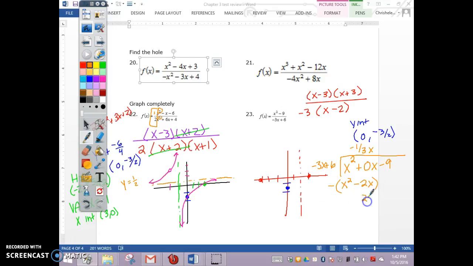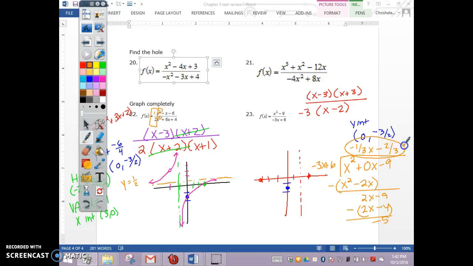Subtract. How many times does negative 3x go into negative 2x? Ooh, that's a tough one. Let's do negative 2/3 times. So 2/3 times 3 is just 2. So that leaves me with 2x minus 4. Subtract, and I get negative 5.